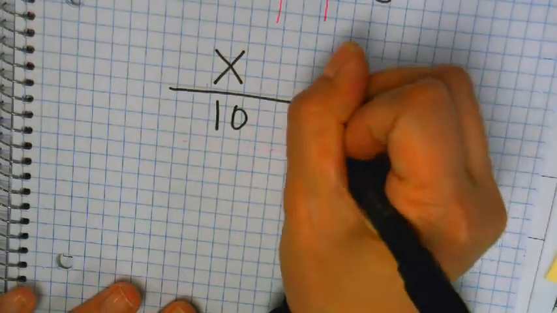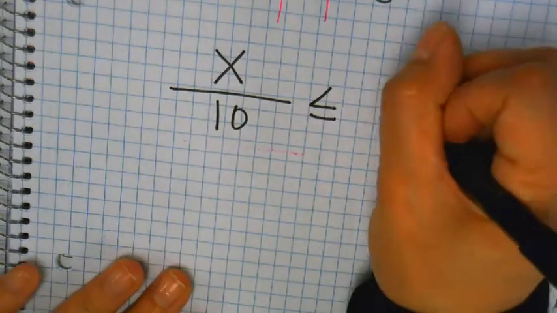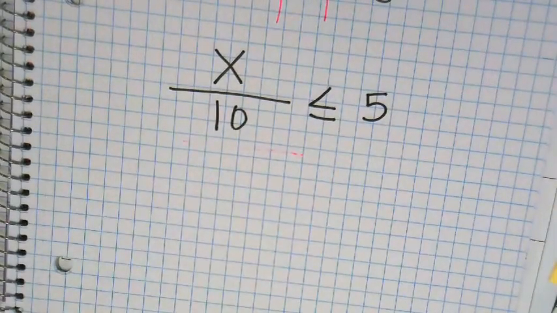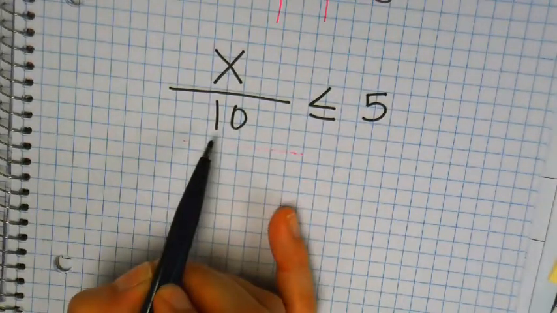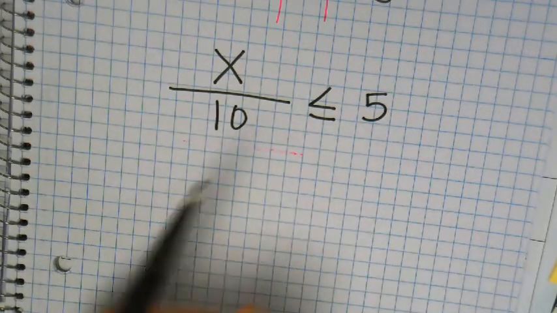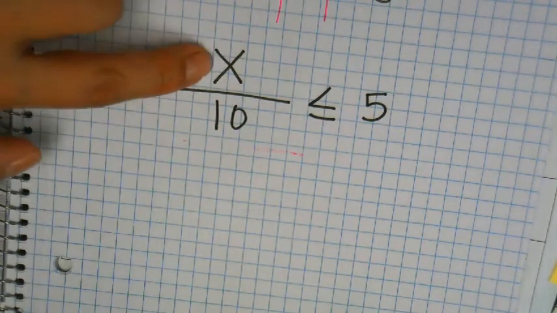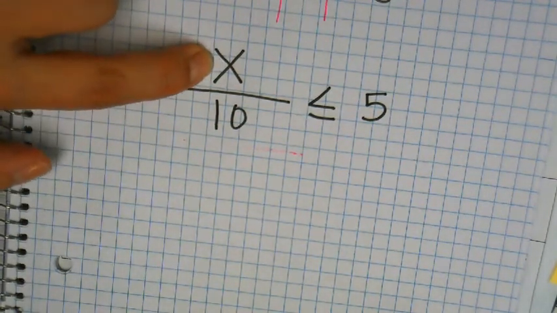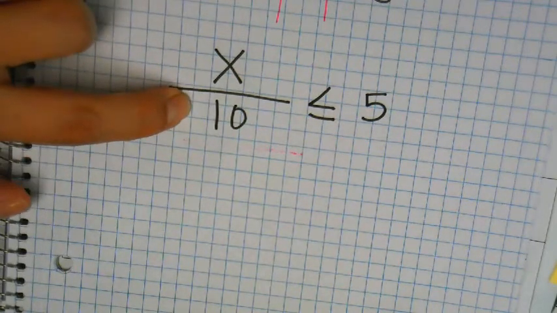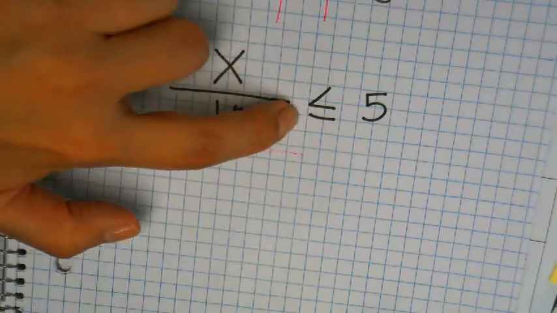Each student got less than or equal to 5 cookies. So I have 10 students, and they each got less than or equal to 5 cookies. How many cookies did I bake? That's your x. You have to figure out how many cookies Miss O'Malley baked that she divided by 10 kids. And each kid got less than or equal to 5 cookies.